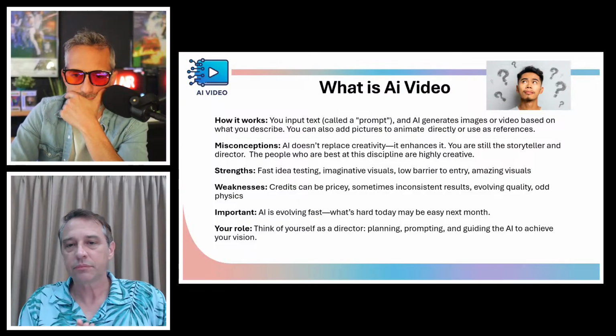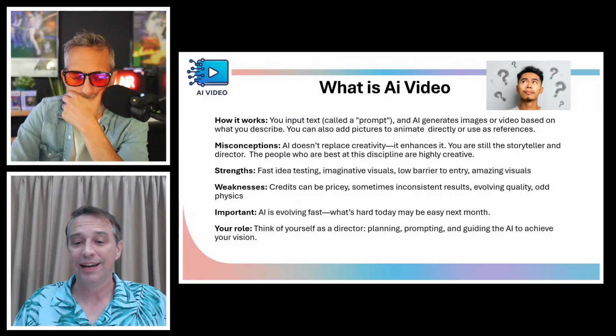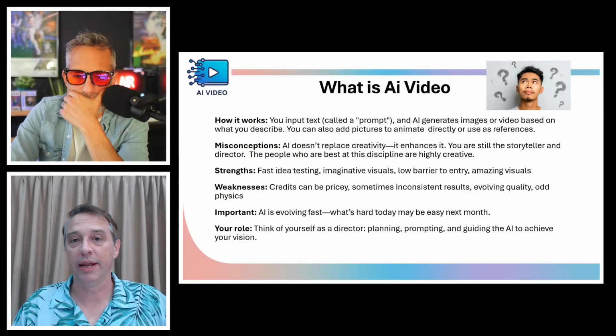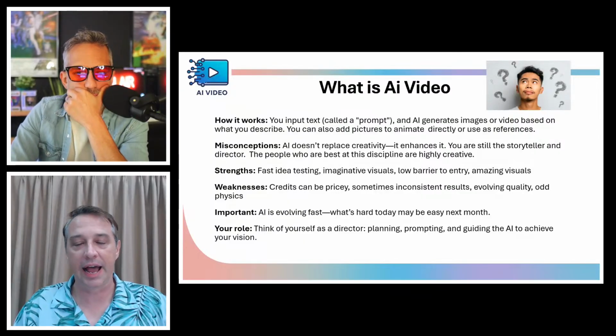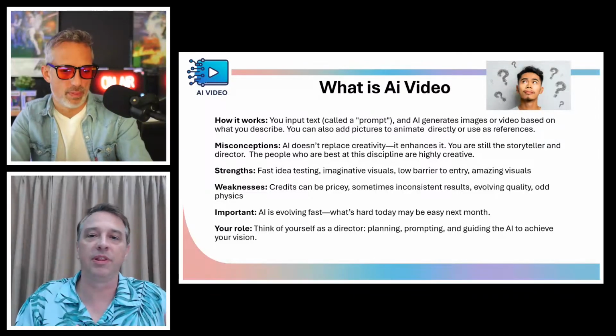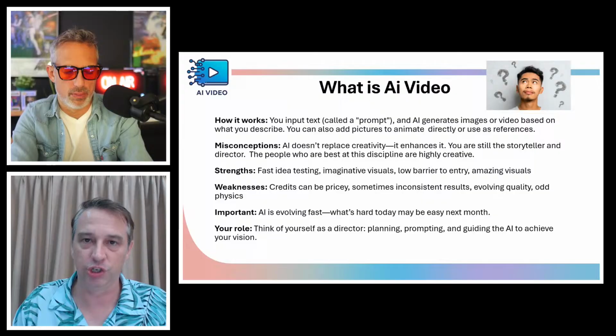Now with AI video, I want everybody to think of themselves like an art director. You're sort of the director of the film. You're going to plan it out, you're going to prompt it, you're going to be the one in charge of guiding the AI to achieve your vision.